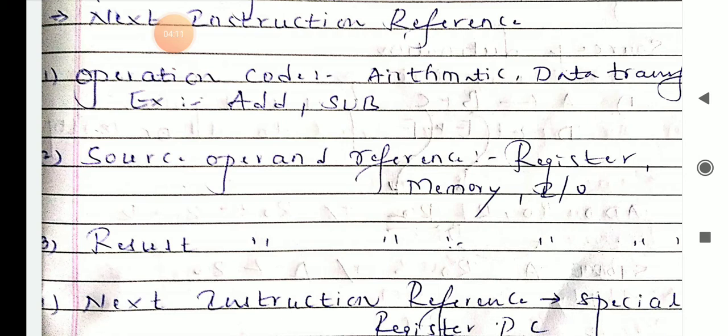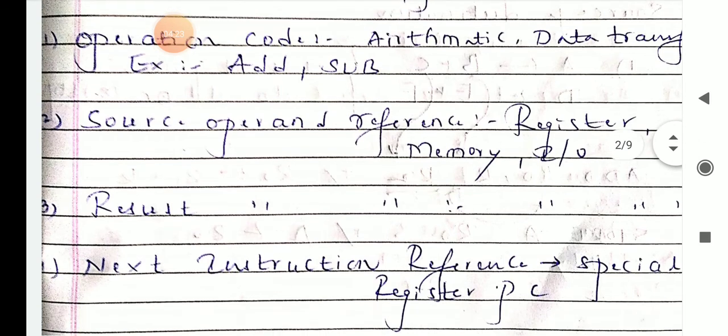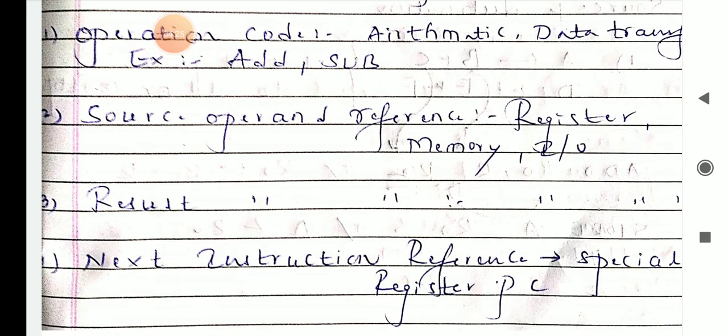The result operand reference may be a register address or it may be stored in a memory location of input and output. Next is the next instruction reference, which uses the special register, the program counter.